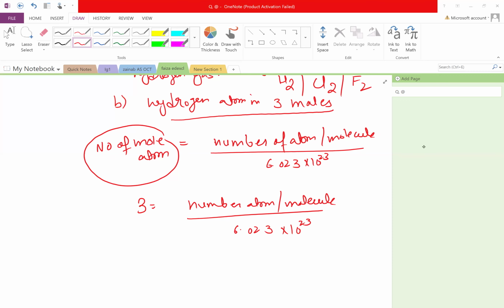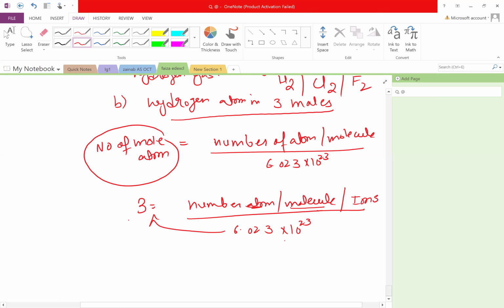So what we were talking about, you can have the number of atoms, you can have the number of ions, or you can have the word as number of molecules. It doesn't matter. Either the examiner can ask you for the number of atoms, or tell you to find the number of molecules, or sometimes ask you to find the number of ions. They mean the same thing. Moles will be here, the Avogadro's number will be here, you multiply these two.